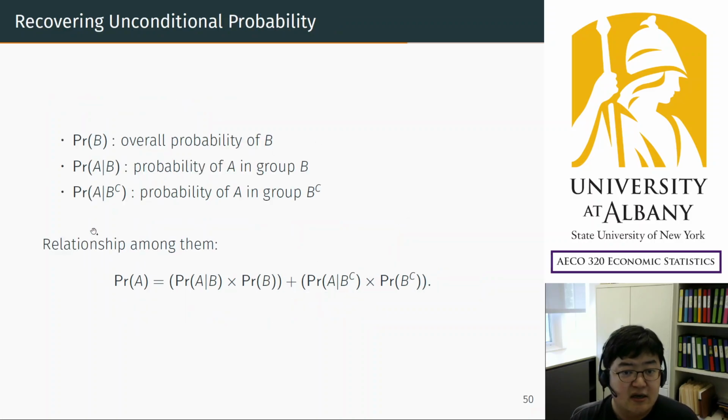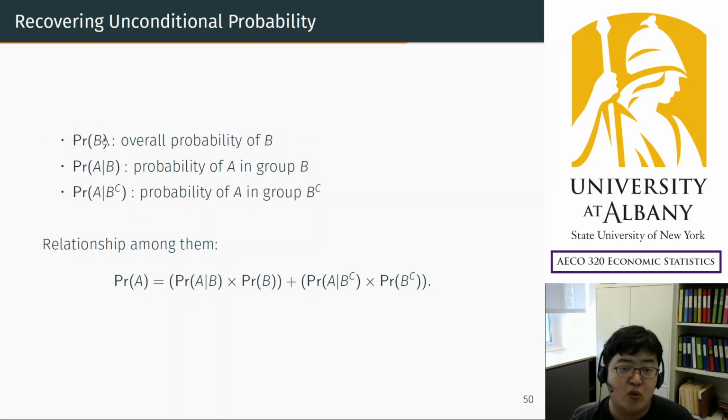That is this formula. So I will put it this way. In the end, we would like to calculate the probability of A, but our information is given in these probabilities.